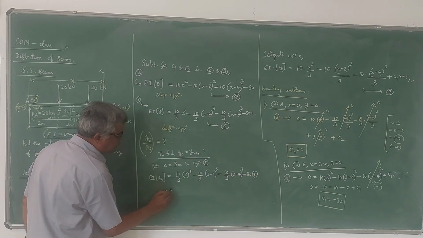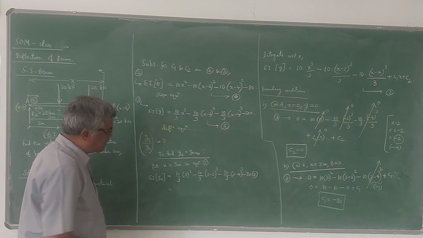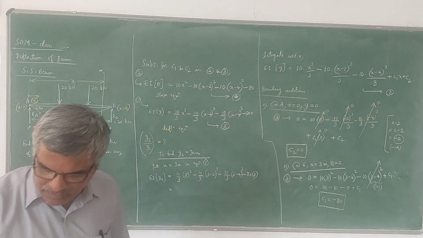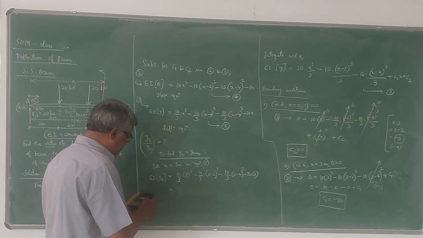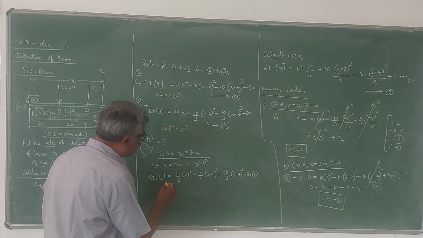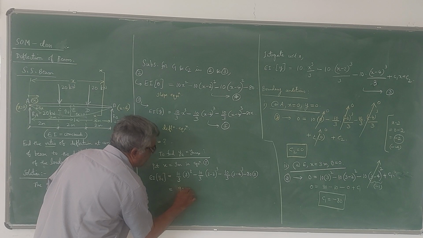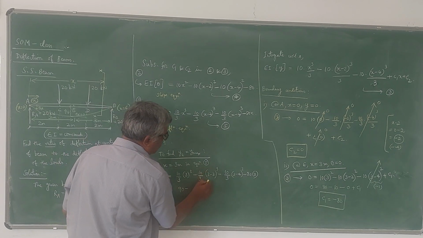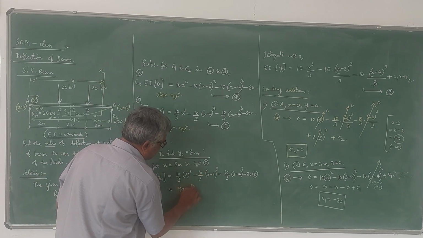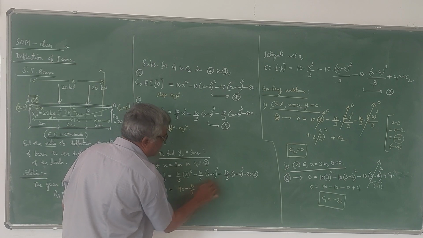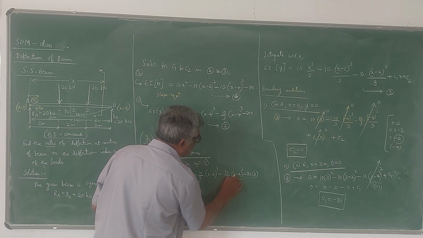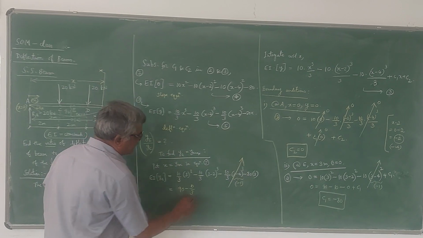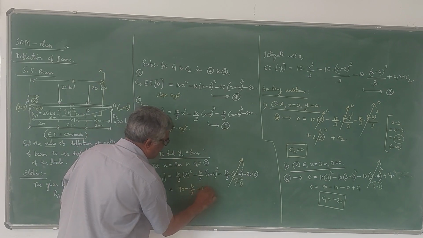Now here you can see if you simplify this, 10 into 9, the 3 will get cancelled, it becomes 90 here. So this becomes 90 minus, this becomes of course 1, so minus 10 by 3 will be remaining. Here you can see 3 minus 4 is nothing but minus 1, which is negative. So this term we can cancel. So minus 240.